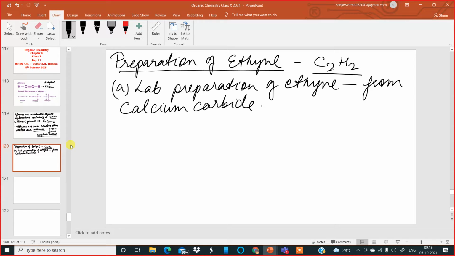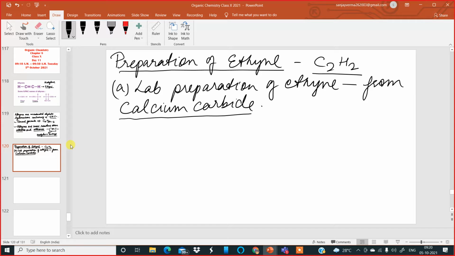Now this calcium carbide is available locally in the market, in the hardware shops. When you go to buy calcium carbide, you have to ask them for carbide. They will not understand what is calcium, but you have to ask them for carbide. They will give you a white colored irregular shaped solid substance, and that is calcium carbide. That is how it is available in the market.